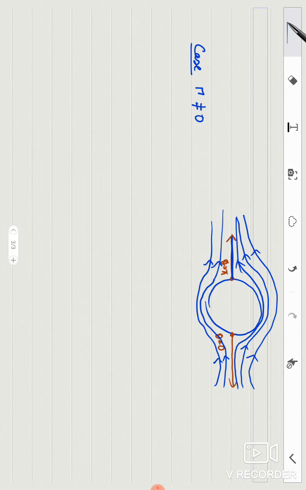In this case, what is our Q theta? Q theta is equal to u a square upon r square plus u, sin theta, plus gamma upon 2 pi r. I calculate it at r is equal to a.